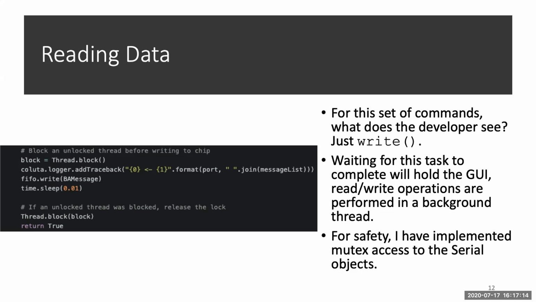So we do this in the background on separate threads, and I just added some mutexing around the write operations to prevent trying to write to a single channel from multiple threads at the same time. But really, all you need to know is this third line. It's your port object, which is this thing called FIFO.write, and then you pass it your message.